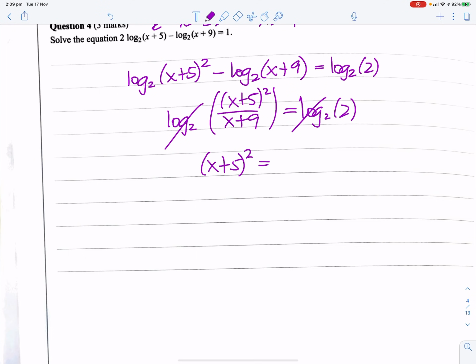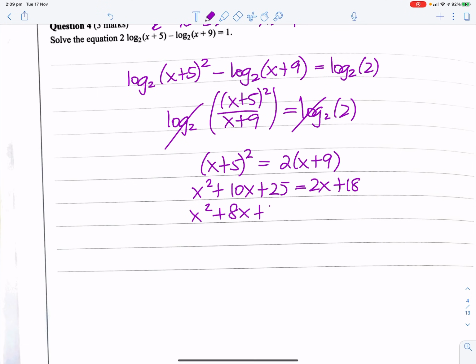X plus 5 squared is equal to 2 times x plus 9. X squared plus 10x plus 25 is equal to 2x plus 18. X squared plus 8x plus 7 is equal to 0. X plus 7, x plus 1.